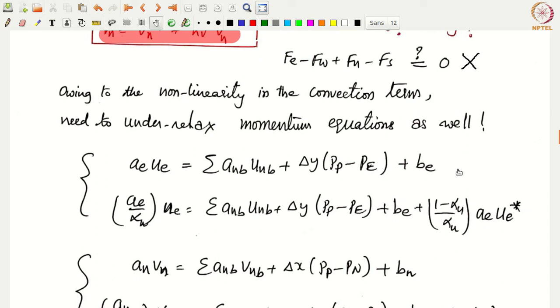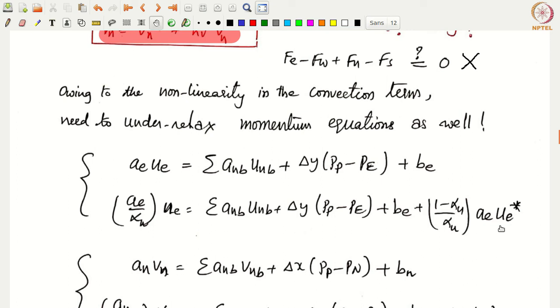Basically, you add and subtract AEUE star, and then you multiply the component with some alpha u. Then if you rearrange, you get the coefficient AE divided by alpha u times UE equals sigma NB UNB plus delta Y times PP minus PE plus BE, plus this extra term, which is 1 minus alpha u by alpha u times AEUE star.